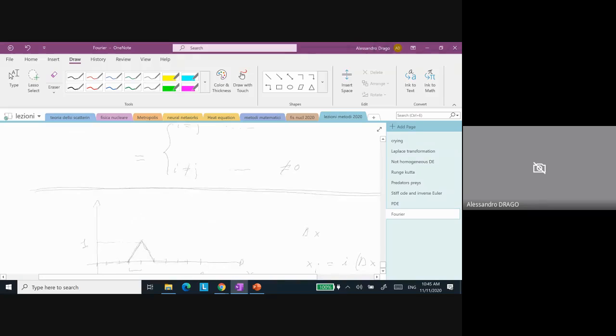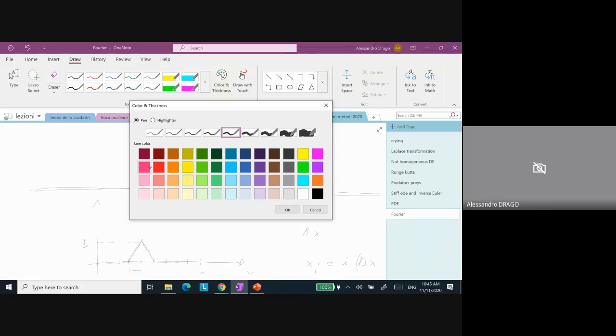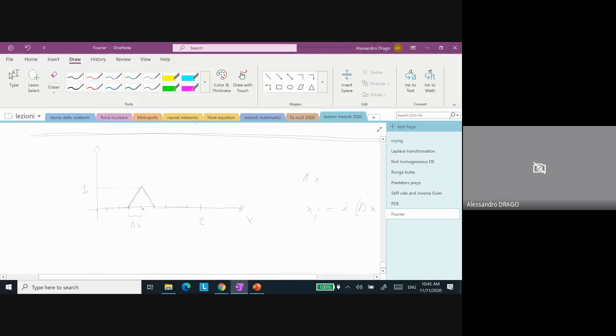And of course, I will introduce not just one of these objects, but an entire set of these objects. Let me just change the color. Another object will be here, and so on and so forth. Because in that way, as it is intuitively obvious, I can try to approximate whatever function defined between A and B, in this case 0 and L, with the superposition of these triangles.